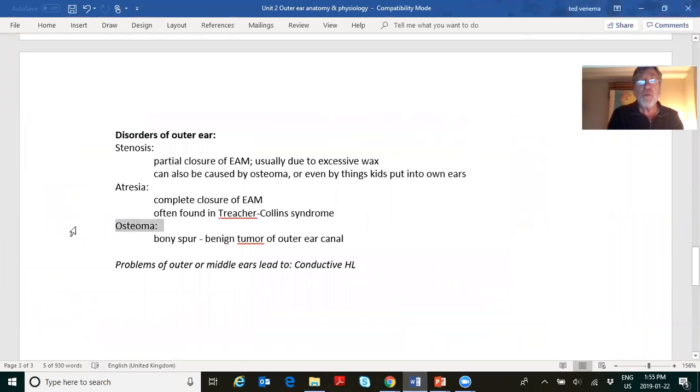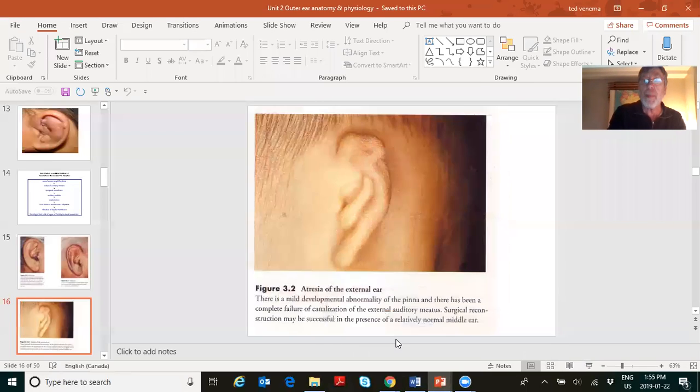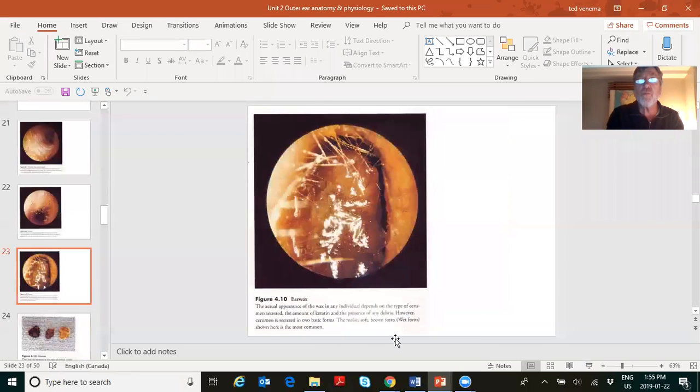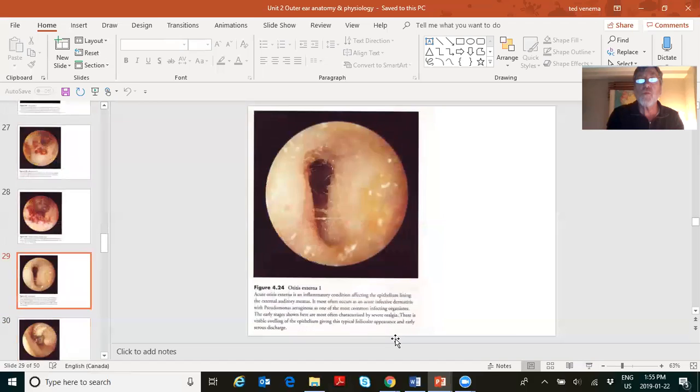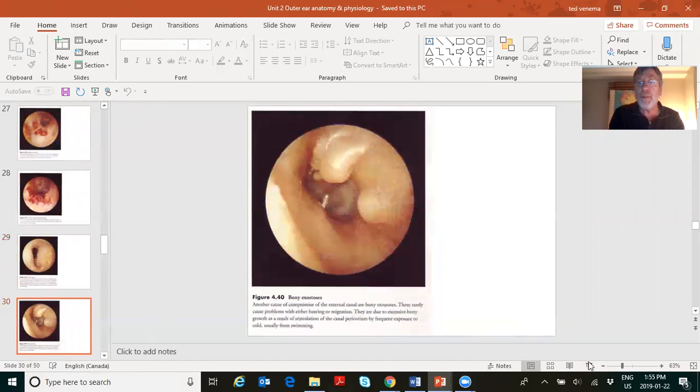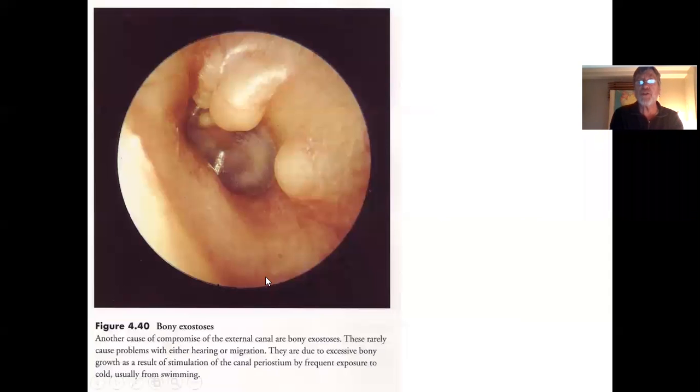Osteoma, bony spur or a benign tumor of the outer ear canal. A benign tumor. Let's look at it here. There you go. Let's blow it up. Exostoses, often called swimmer's ear. Look what it says on the bottom.